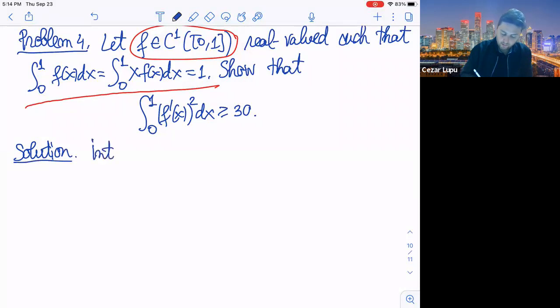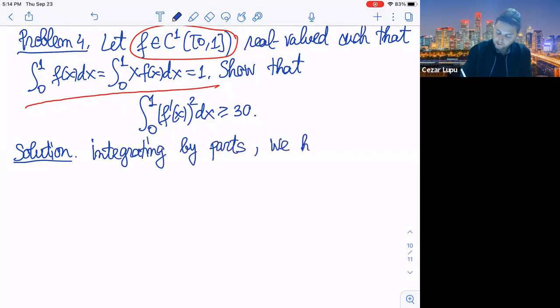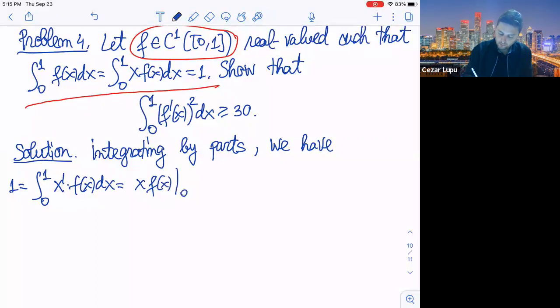So integrating by parts, let's see, what do we have? Let's look at the first integral. So this is the integral of x prime times f, which is f of 1 minus the integral from 0 to 1 of x times f prime of x.